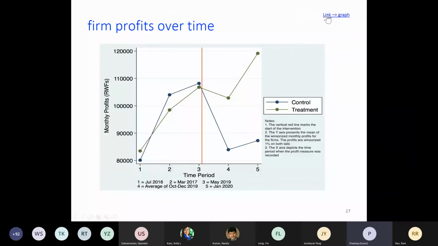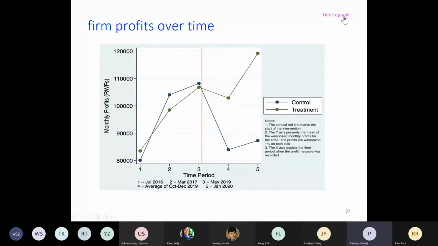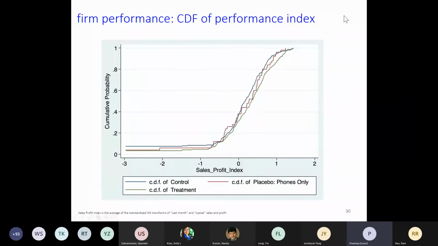So this is for firm profits. We also came up with an index which combined profits and sales. I have the graph for sales, but I don't want to overload you with too many graphs. So we created an index of profit and sales, and you get pretty much the same result. Okay. So it seems as if, just looking at profits and sales, the firms in the treated group were better off than those in the control group.